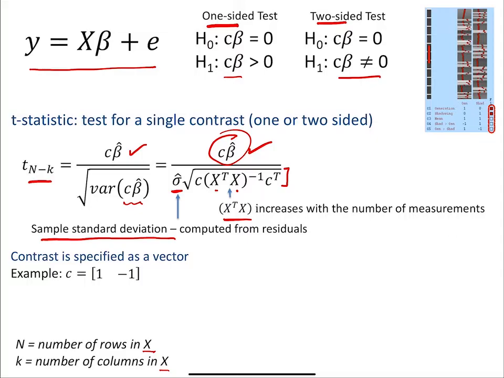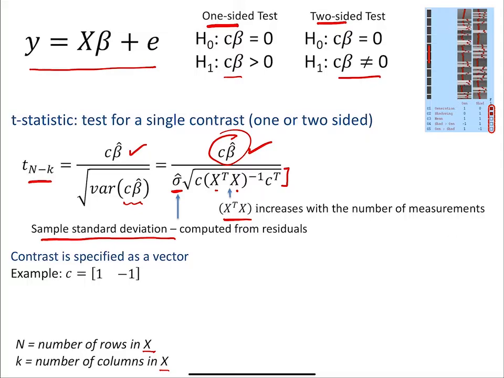Since we're taking the inverse of that, it's going to make this term get smaller, and so it's going to make the t statistic bigger. So the more measurements you have, your t statistic will tend to go up, and the corresponding p-value will tend to go down.